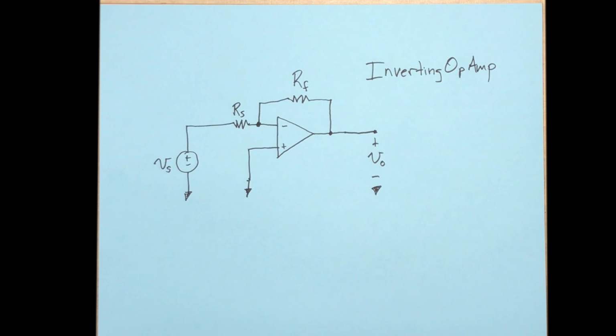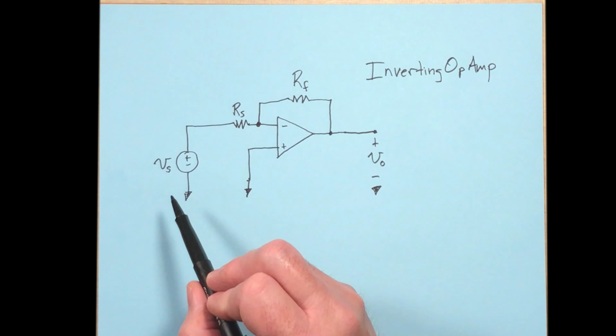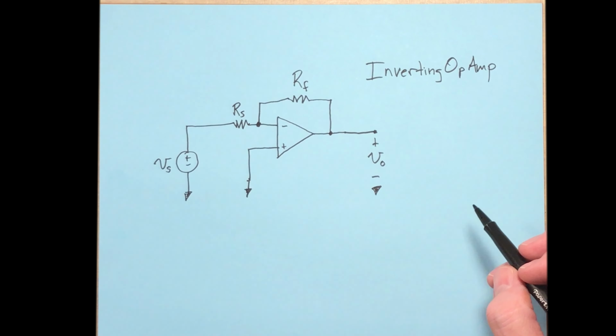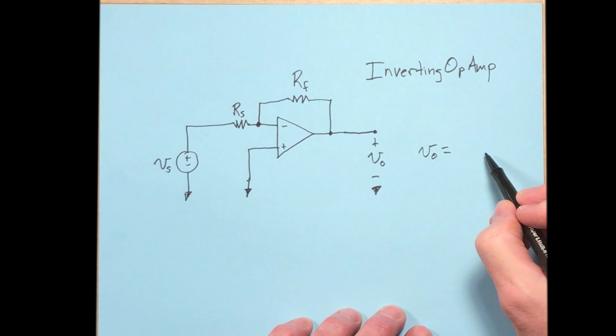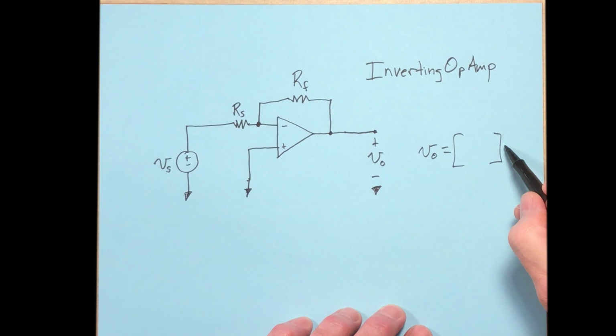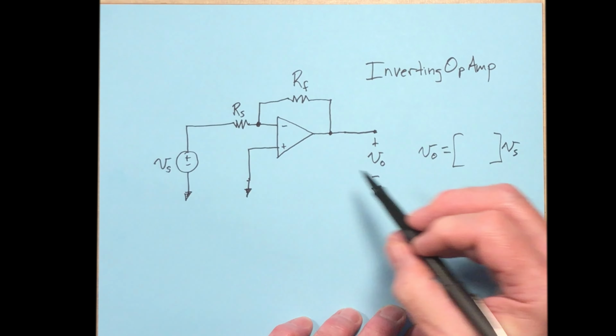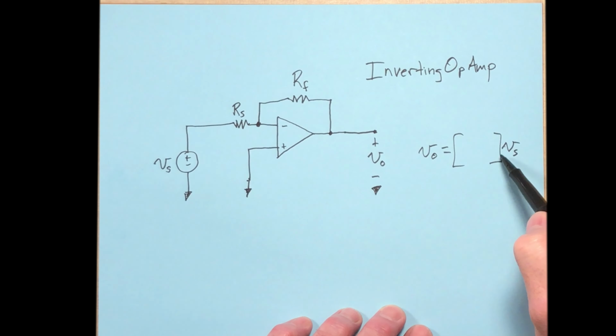Now, in order to work this kind of problem and to solve this circuit, what you're really trying to do is find the output in terms of the inputs. So if you could write an equation that V output is equal to something multiplied by the input, and in this case the input is V sub S, that's the input voltage, and figure out what goes in this square bracket right here, then you've solved the problem.